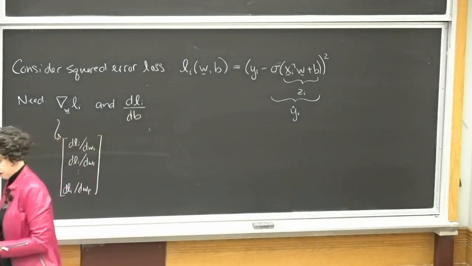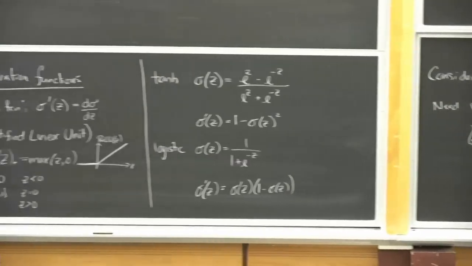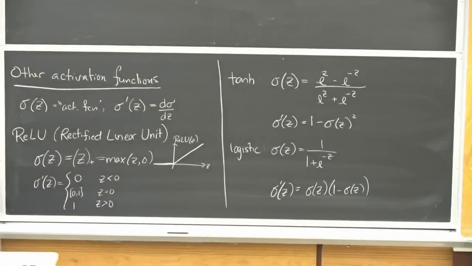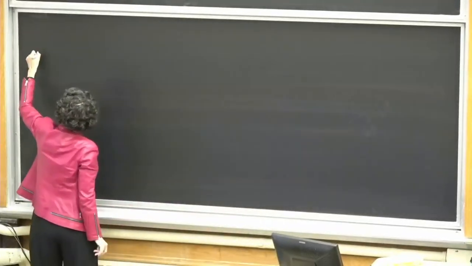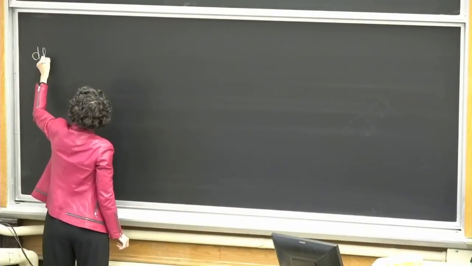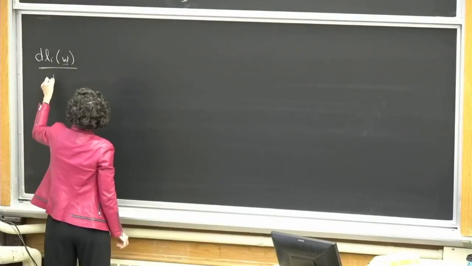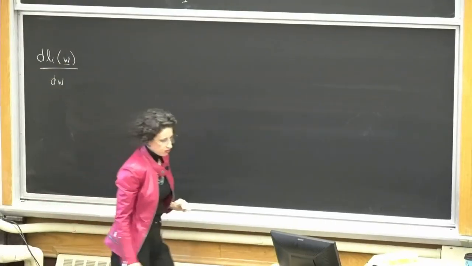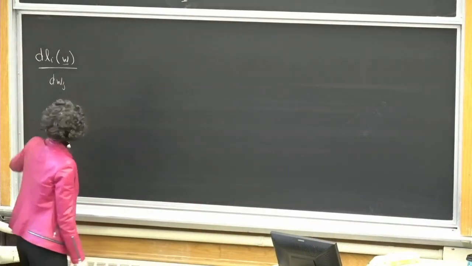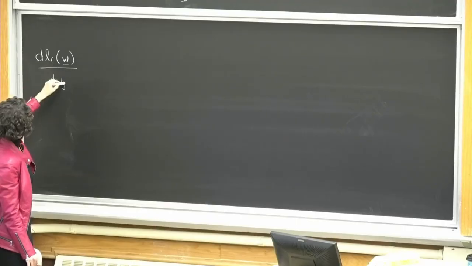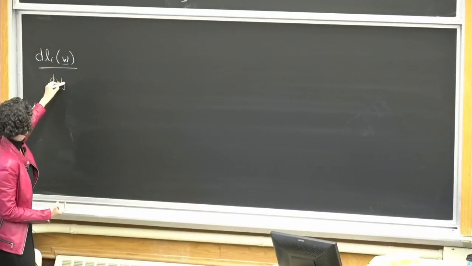I'm going to give myself plenty of room. So I'm going to think about the derivative of my loss with respect to Wj. So ith training sample, jth weight, which is the weight on the jth feature within that sample.